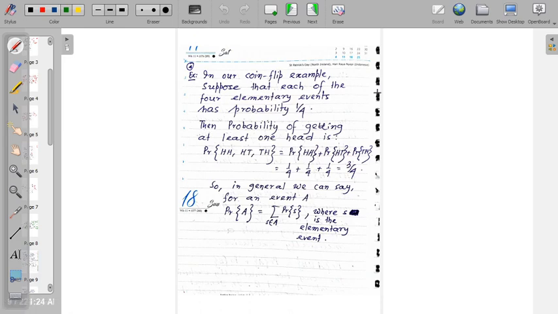So in our coin flip example, suppose that each of the four elementary events has probability 1/4. In this coin flip experiment, we had the sample space HH, HT, TH, and TT.